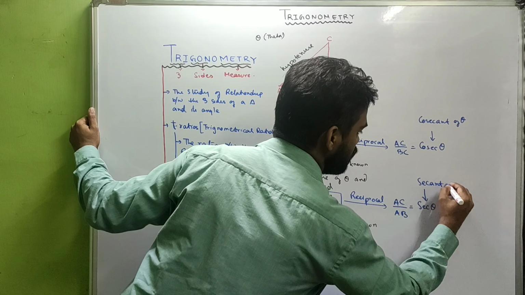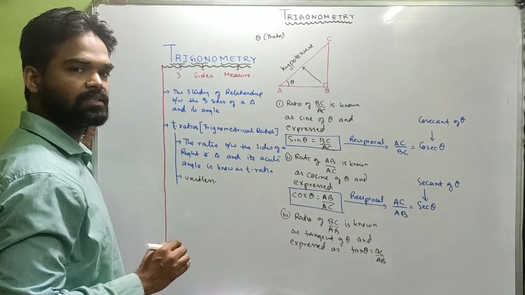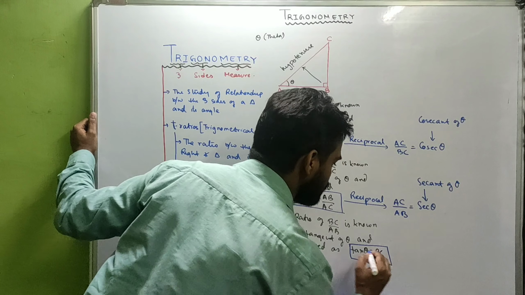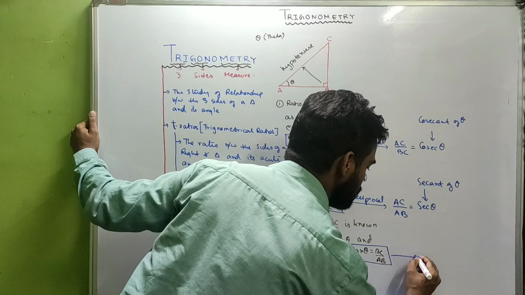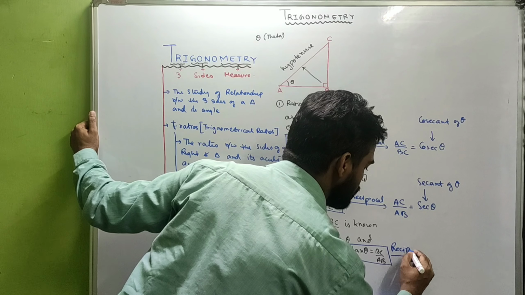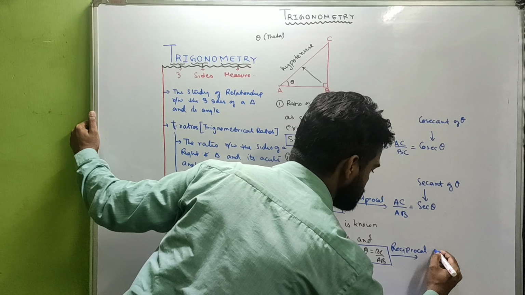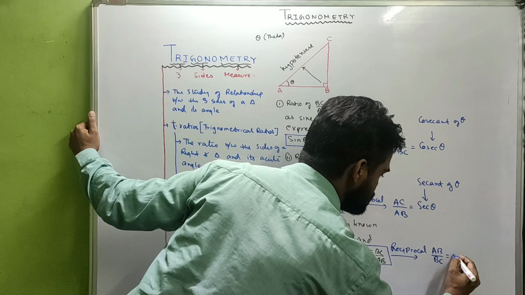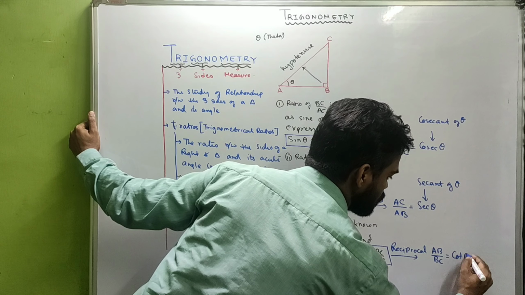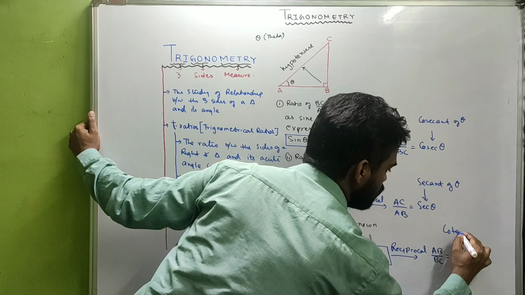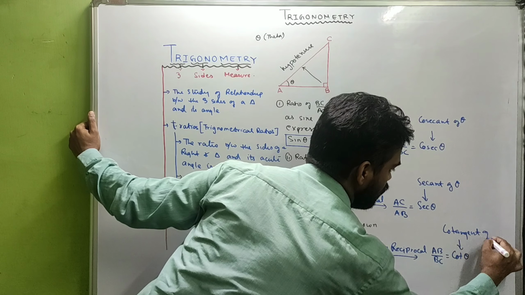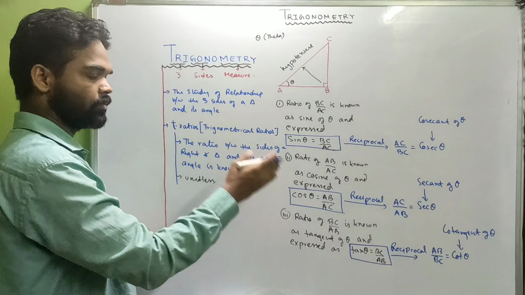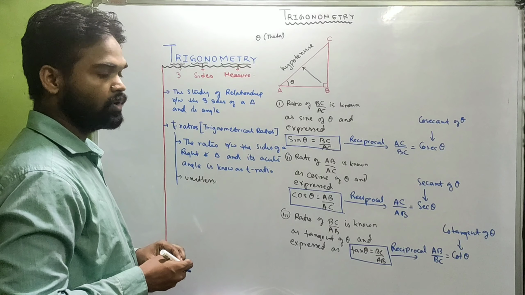Secant of theta expressed as sec theta. Similarly, for tan also we have the reciprocal. The reciprocal is AB by BC. It is known as cotangent theta, which is written as cot theta. Cotangent of theta. So these are your 6 trigonometrical ratio which we are going to study.